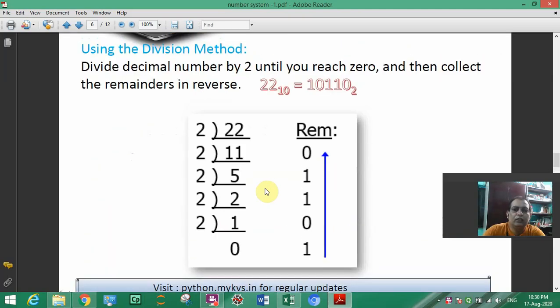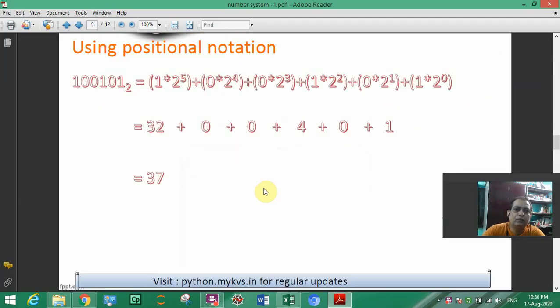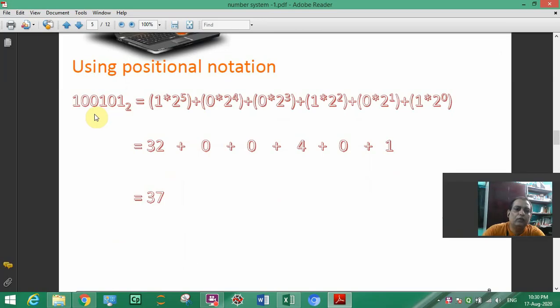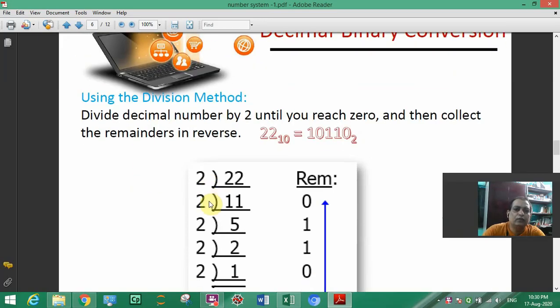So today I will stop here, and you also try to convert this binary number into a decimal number, and this decimal number 22 into binary, which we have seen here.